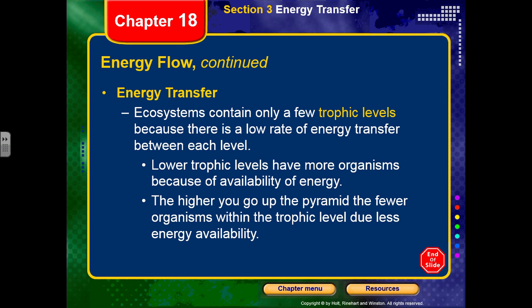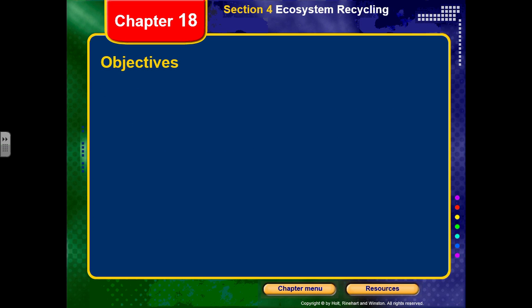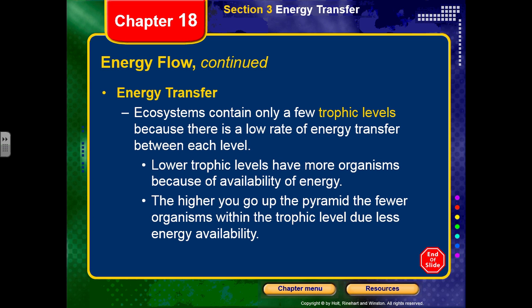So lower trophic levels have more organisms and larger populations. The higher trophic levels, 3 and 4, will have fewer organisms. Okay, so smaller populations. All right, so that brings us to the end of energy transfer.